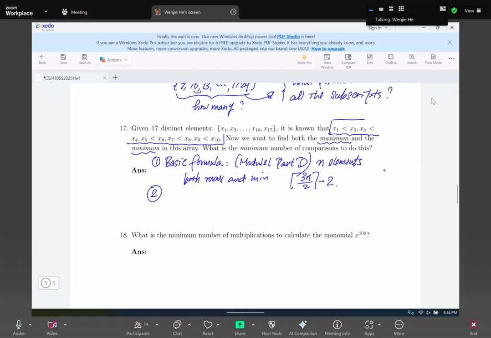You need to consider. All right. For this extra condition, definitely you need to do some change. You cannot apply the formula directly. You need to make some change related to this condition.